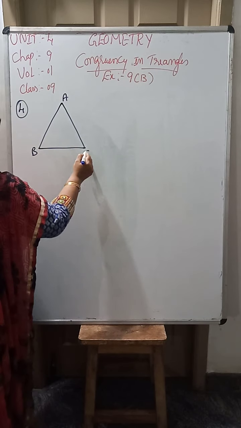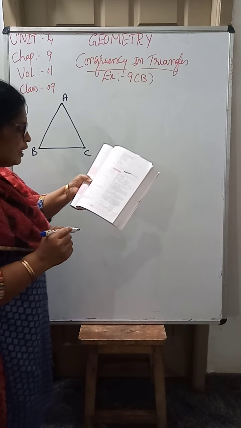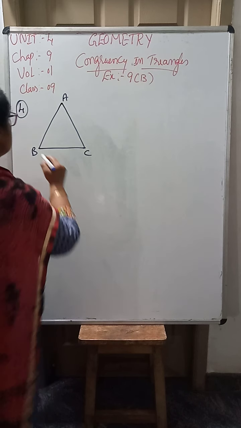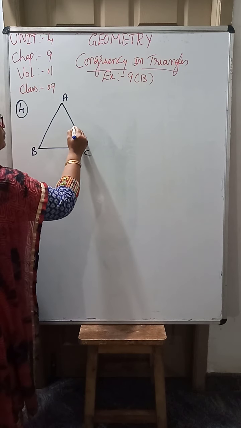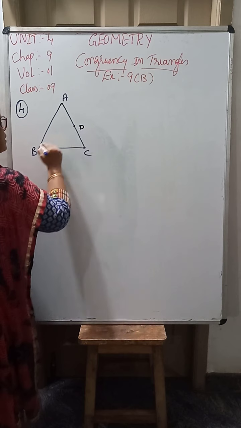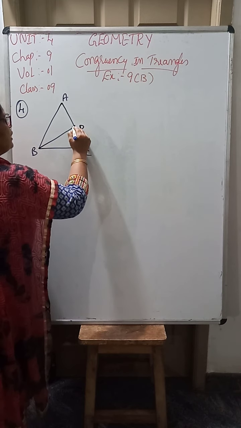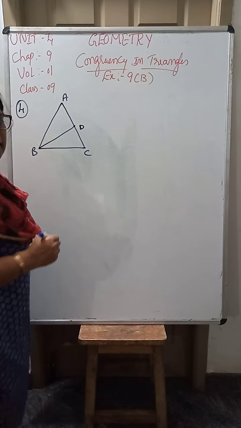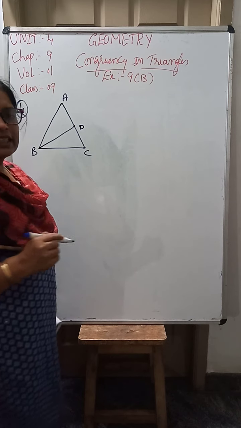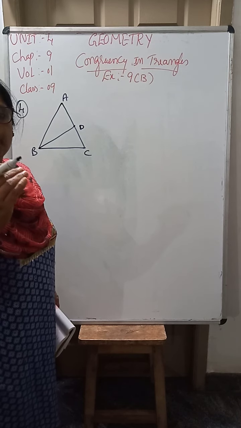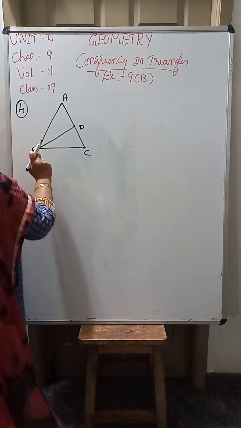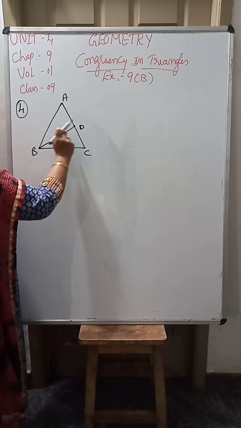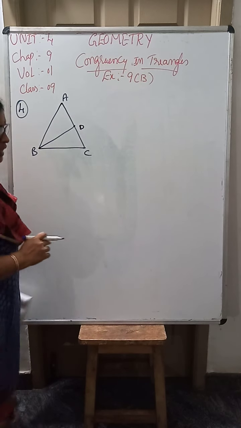Triangle ABC. In a triangle ABC, BD is the median. Children, already I have explained several times, median is the line segment which connects the corner and the midpoint of opposite side. So, from B, it reaches the midpoint of AC.